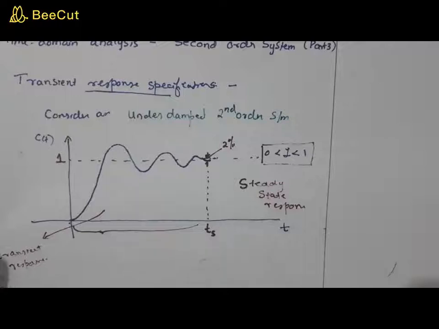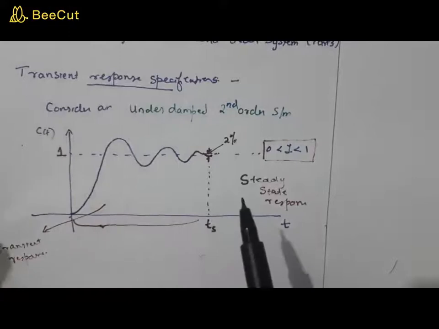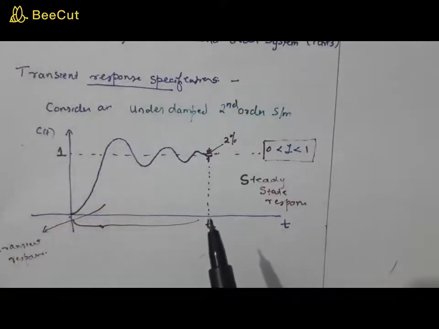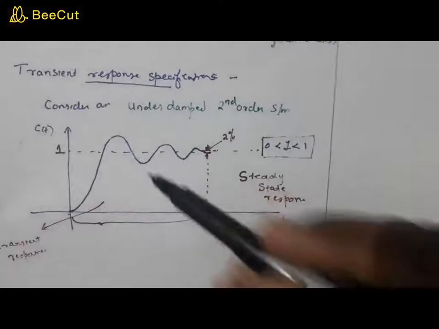Now we can define various times. Based on the time axis, or based on this response, we can study some of the specifications from the graph. We'll be defining some times as well as some parameters of the second order system from this response.